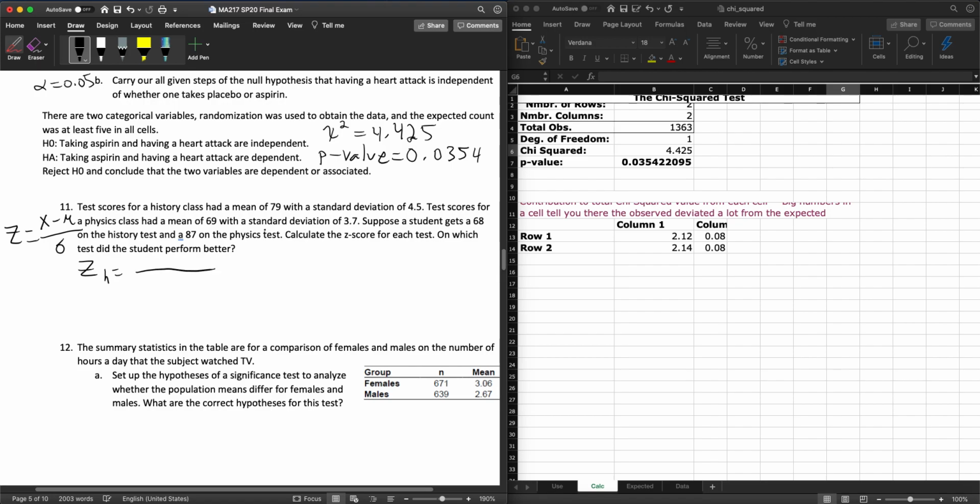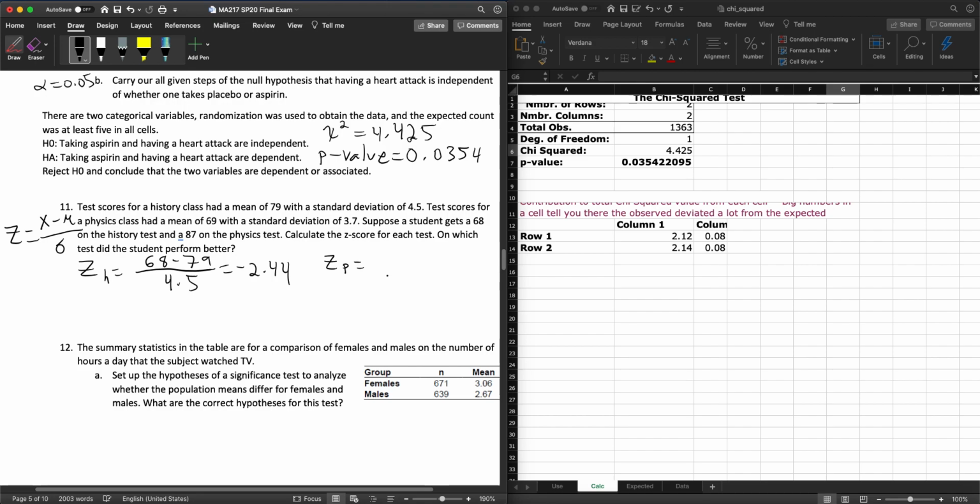We were given that the history class has a mean of 79 and a standard deviation of 4.5, and that the student got a 68 on the test. So the calculation is 68 minus 79 divided by 4.5, rounded to 2 decimals, which gives us a negative 2.44 for the z-score.